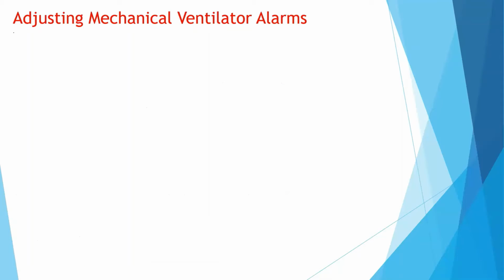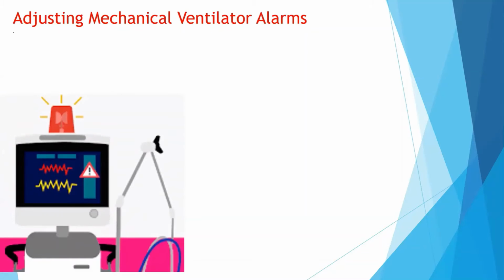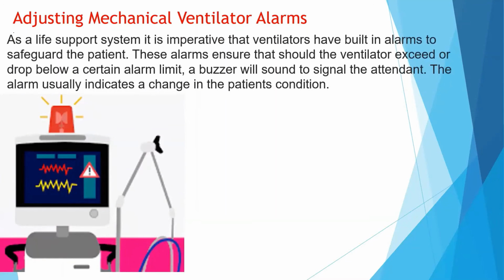Adjusting mechanical ventilator alarms. As a life support system, it is imperative that ventilators have built-in alarms to safeguard the patient. These alarms ensure that should the ventilator exceed or drop below a certain alarm limit, a buzzer will sound to signal the attendant.